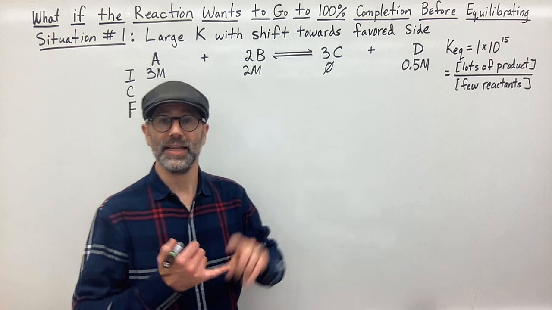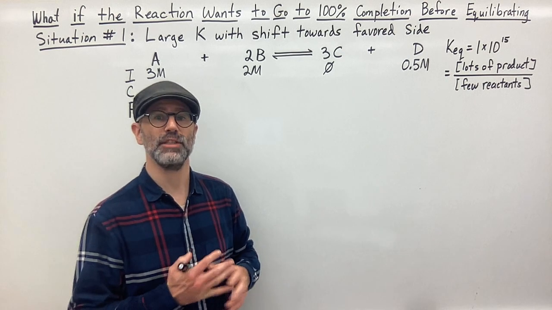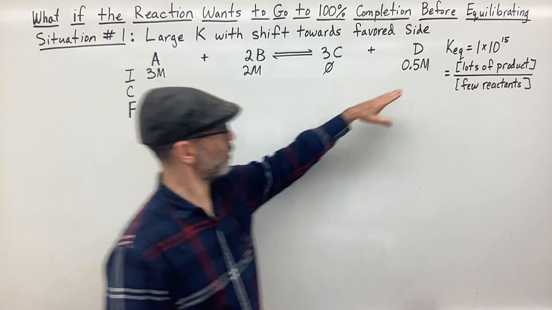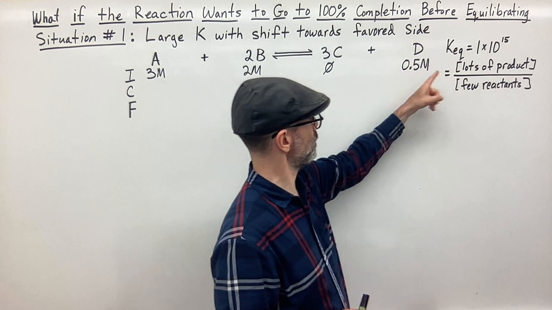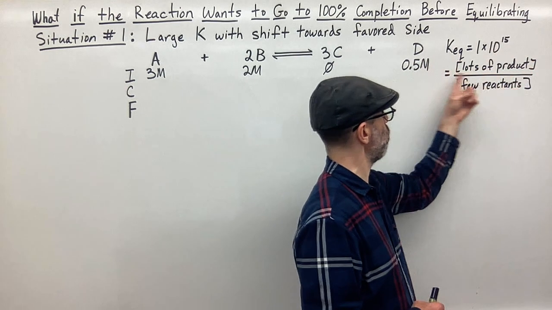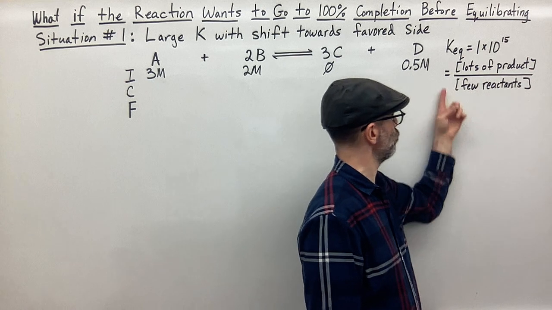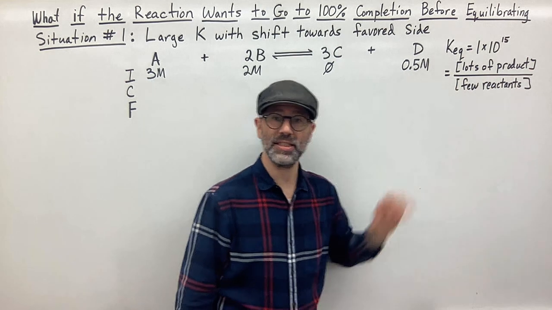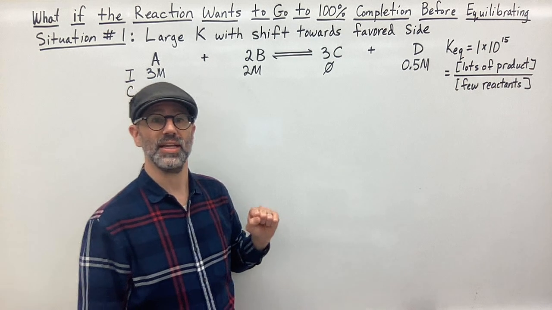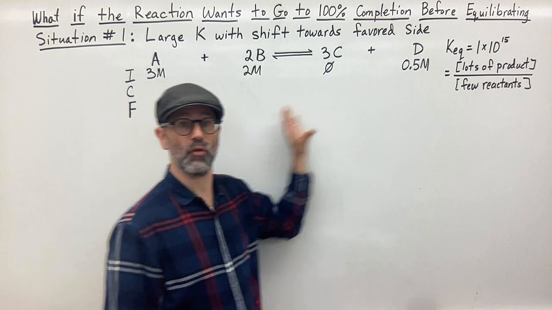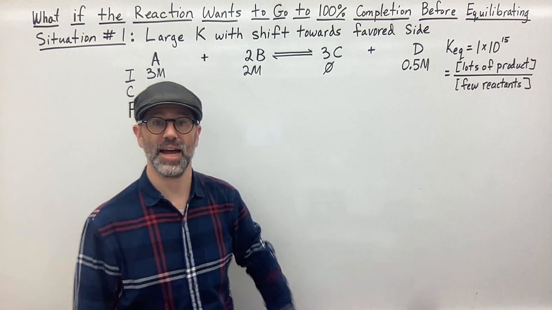K being large means that it's favoring products. So the ratio of products over reactants means that you have a whole lot of products at equilibrium and very few reactants. So this equilibrium is overwhelmingly favoring the product side.